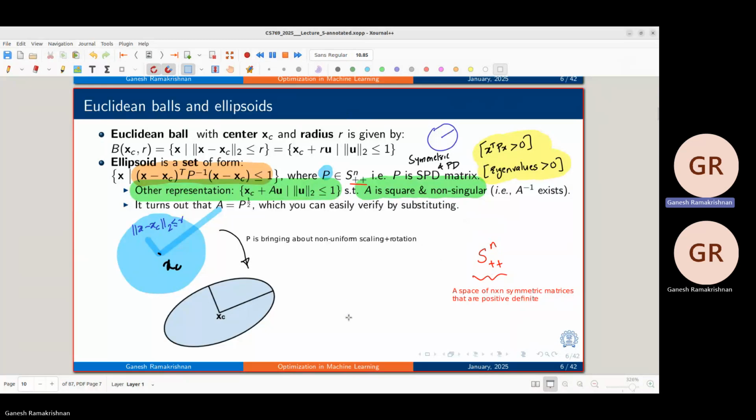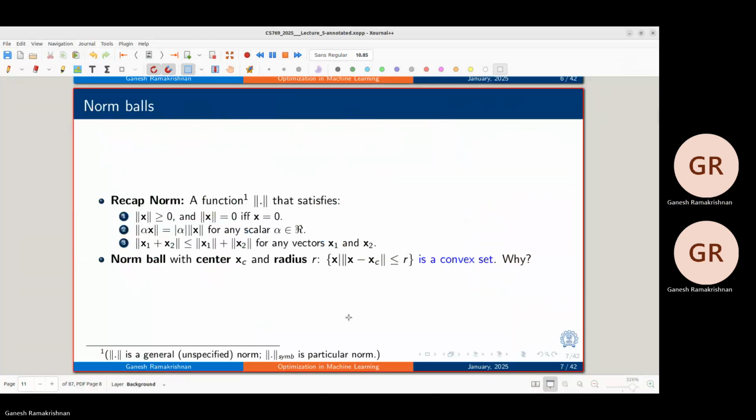Okay. Let's move on. I think we discussed the problem at length. Now there are a couple of other balls. While we have shown the ellipsoid, this is a special case of a Euclidean ball. There are many other balls. In fact, any norm ball gives you a convex set. What is a norm?